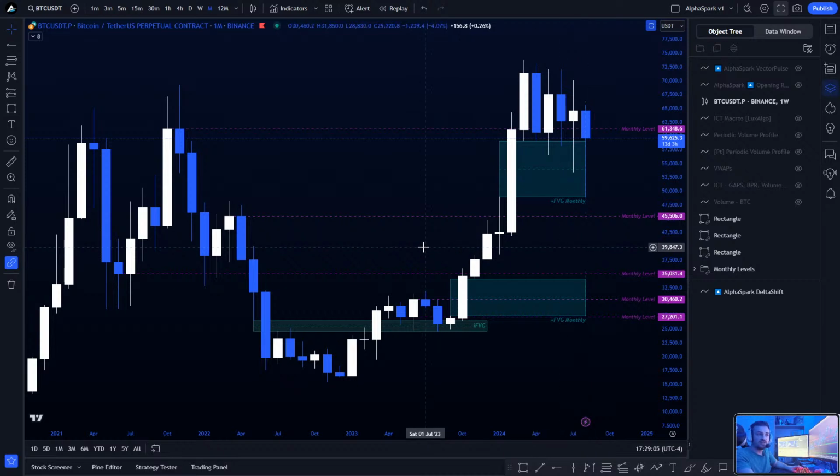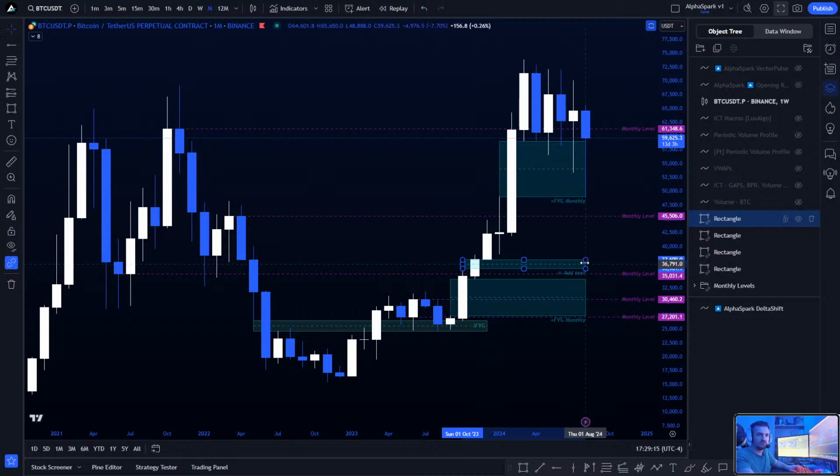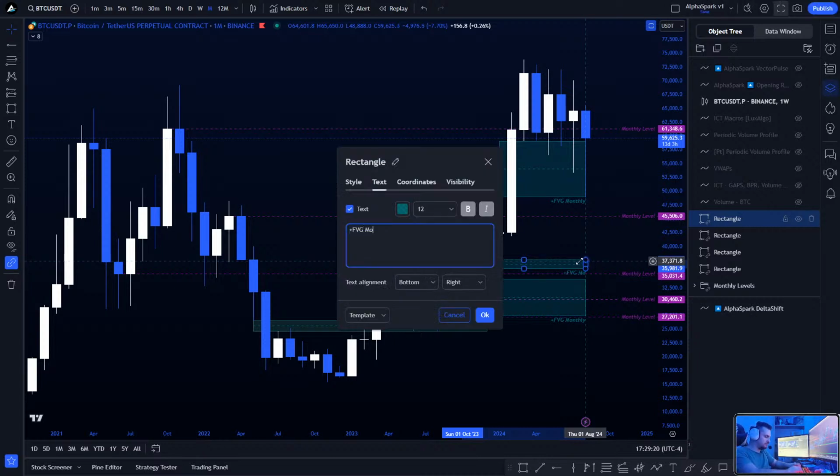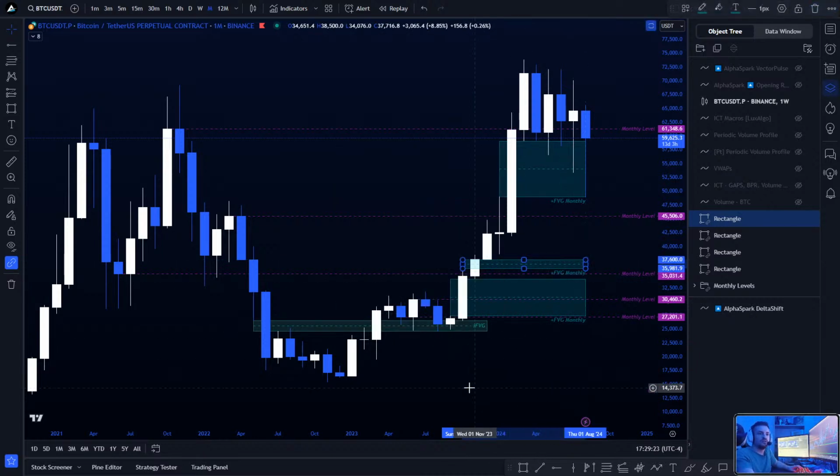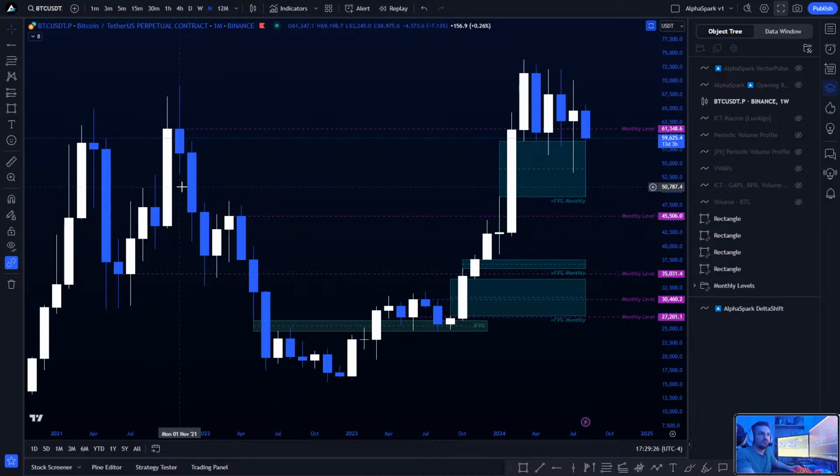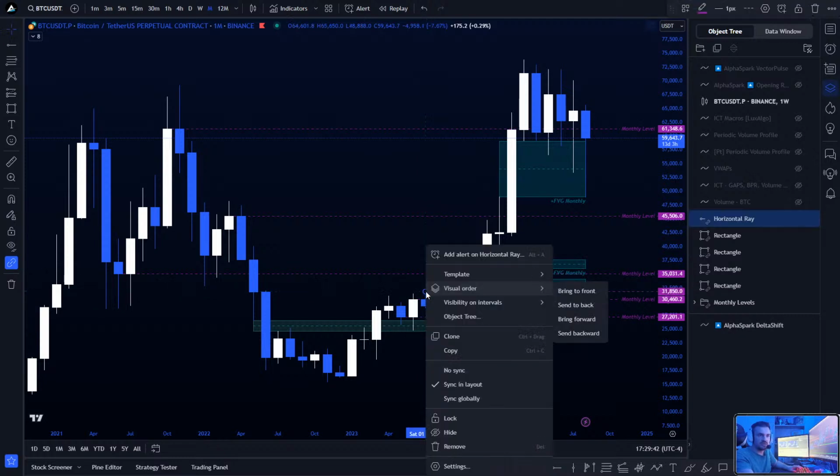Completely filled actually, at least on that chart. This as well. This as well as a monthly. I guess I don't have anything else to mark here except this high.